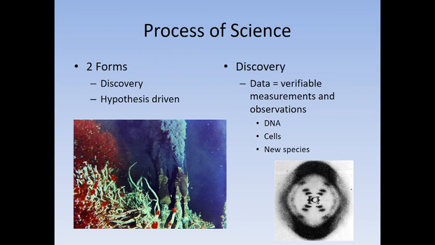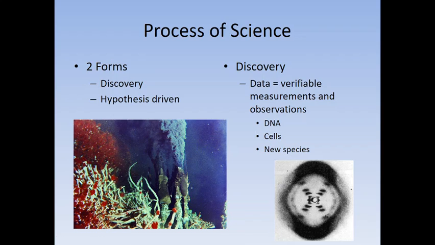The thing is, when you do discovery science, you need to take verifiable measurements, observations. So, writing things down, taking pictures, all sorts of things. Some of the biggest ways that this has been done is by... DNA was partly discovered in this way. They took a picture and saw that there was this double helix, double spiral kind of shape, and found out about DNA.